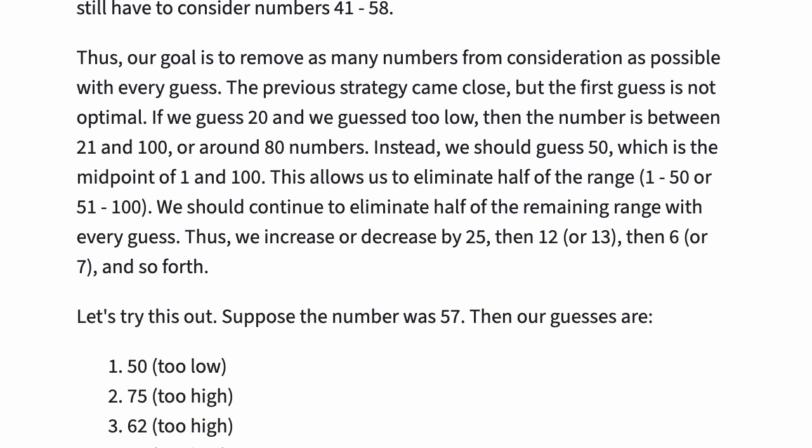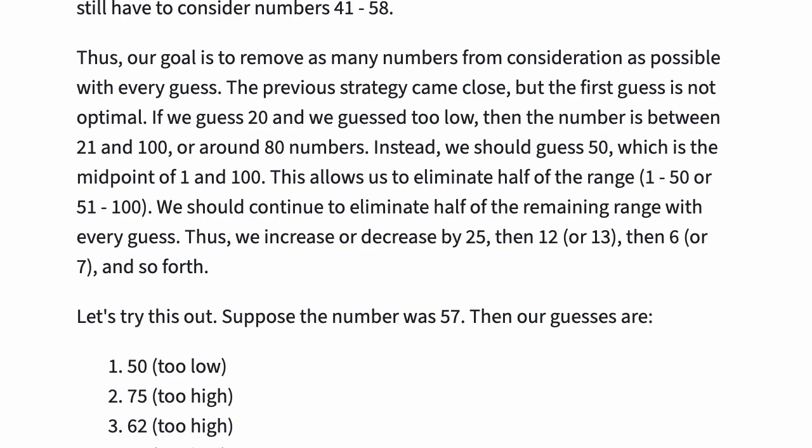Thus, our goal is to remove as many numbers from consideration as possible with every guess. The previous strategy came close, but the first guess is not optimal. If we guess 20 and we guess too low, then the number is between 21 and 100, or around 80 numbers. Instead, we should guess 50, which is the midpoint of 1 and 100.